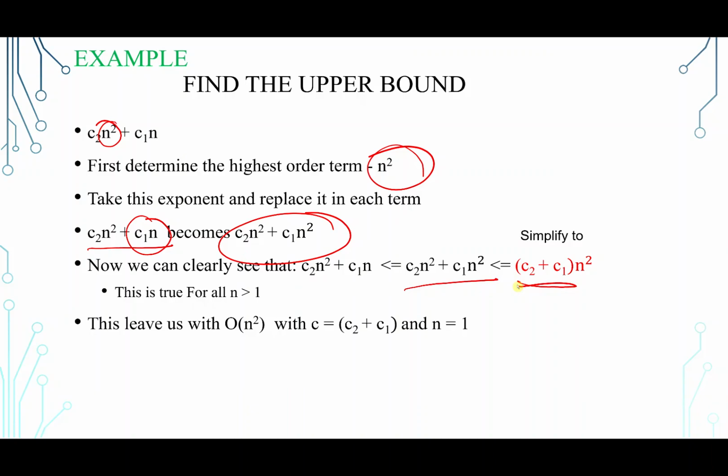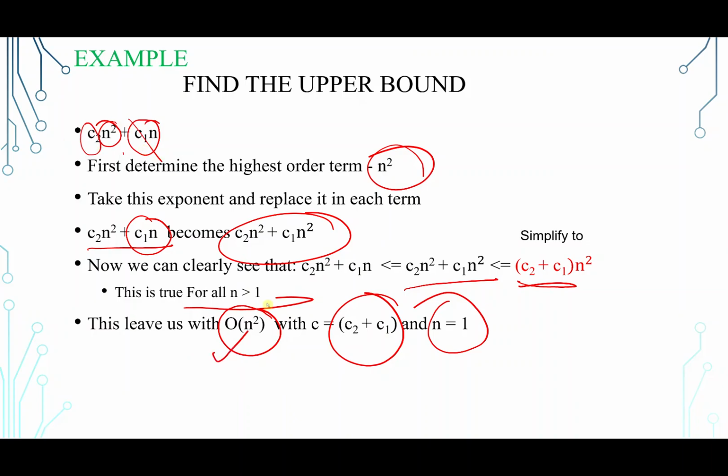Now we can say this is true for all n greater than 1. So that leaves us with big O of n squared, with C being C2 plus C1 and n0 equal 1. So we applied this on the upper bound, which basically gives us the same thing if we drop this and get rid of the C2: big O of n squared.